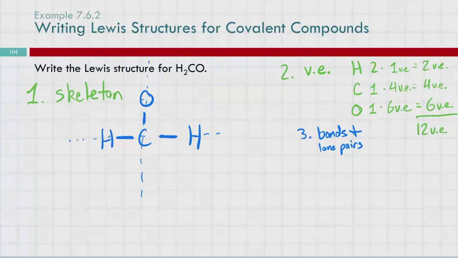How many electrons are in each line? 2. 2 times 3? 6. Two electrons per bond times 3 bonds. We used up 6 electrons just bonding, which means that we've got 6 remaining electrons.